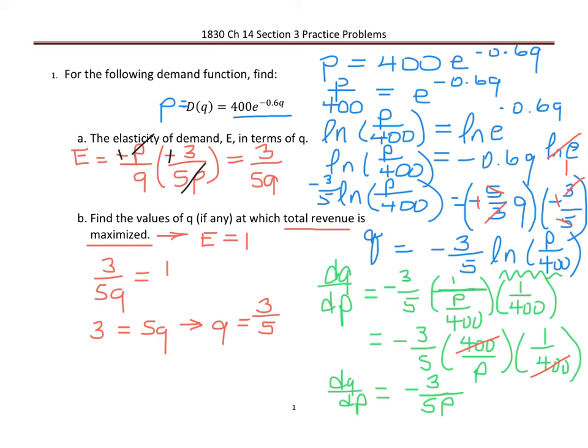So the value of Q at which total revenue is maximized is 3/5. And that solves the first problem. And hopefully in a lot more clear and more understandable manner.